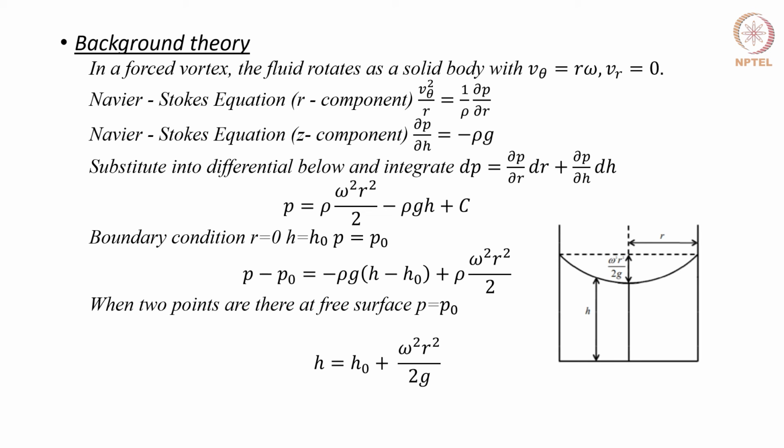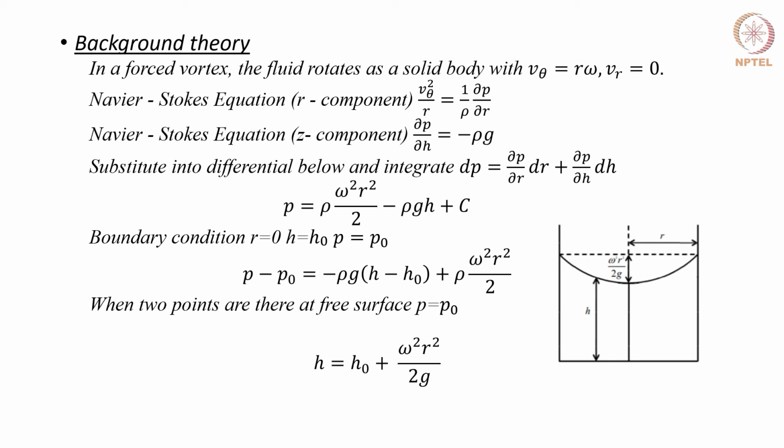Applying the boundary condition, at r equal to 0, let h is equal to h naught and p is equal to p naught. And at another point on the same free surface, if we apply this equation and subtract the first equation and the second equation, we will get p minus p naught is equal to minus rho g times h minus h naught plus rho omega square r square by 2.